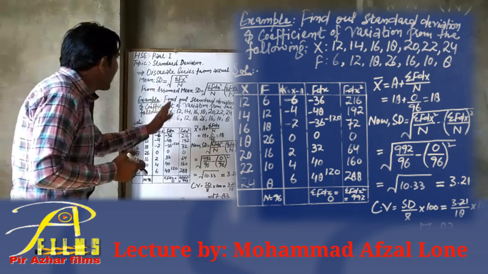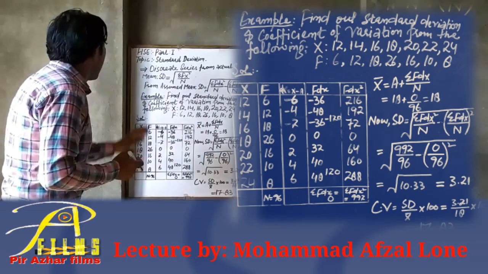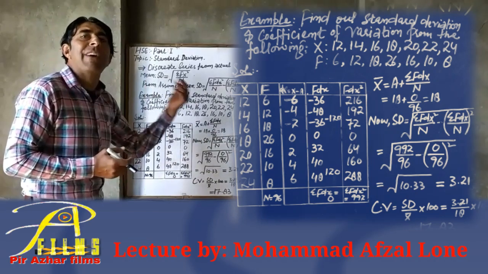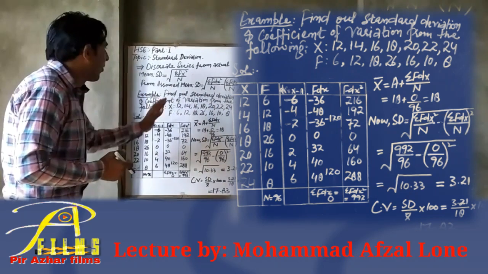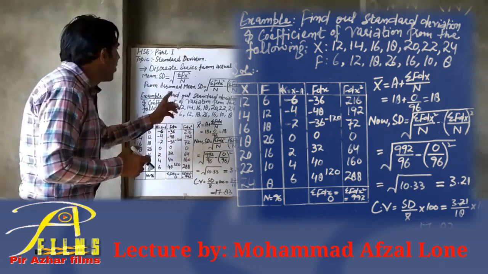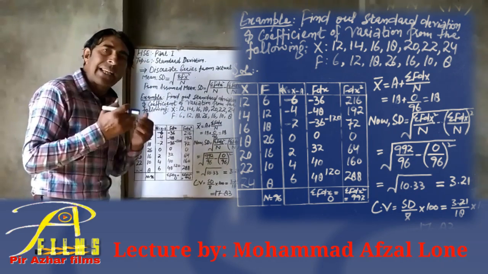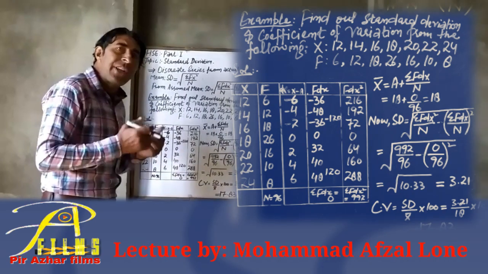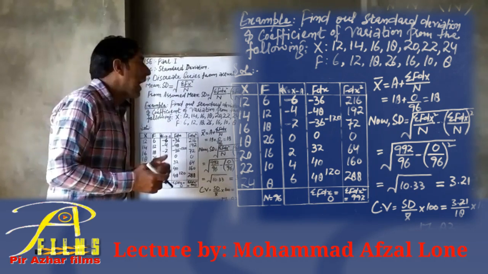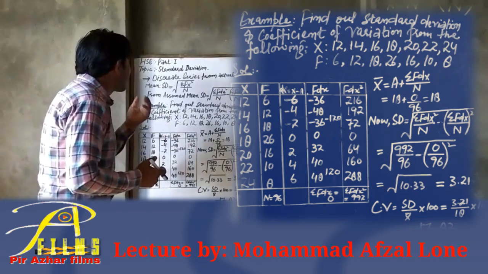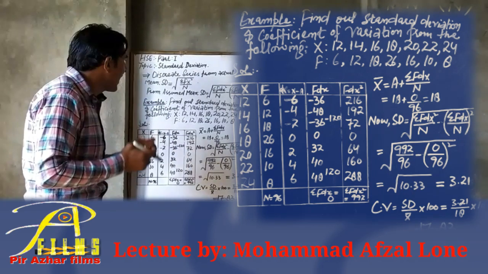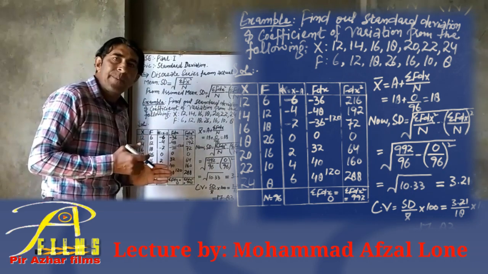The example is: find out the standard deviation and coefficient of variation from the following values of the variable. We have the variable x, and the values are 12, 14, 16, 18, 20, 22 and 24. We have the frequency, number of items, 6, 12, 18, 26, 16, 10 and 8.